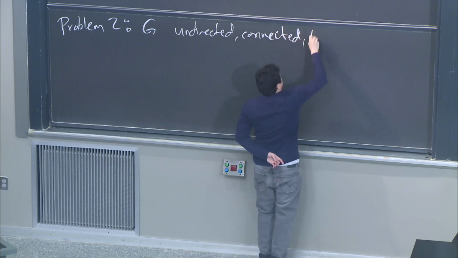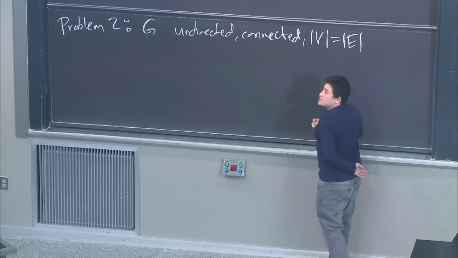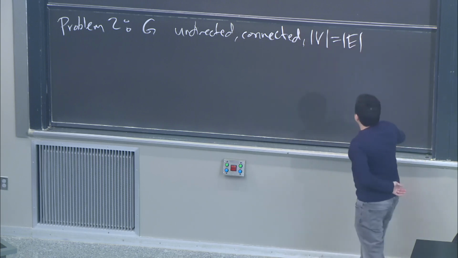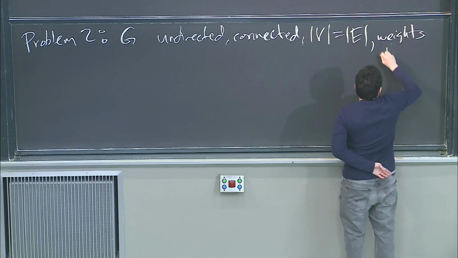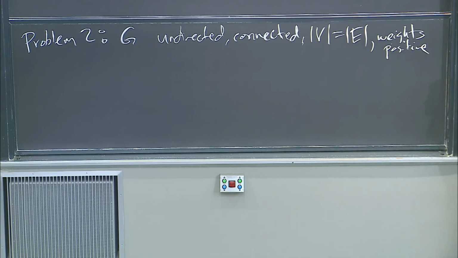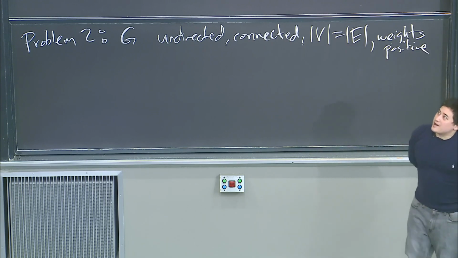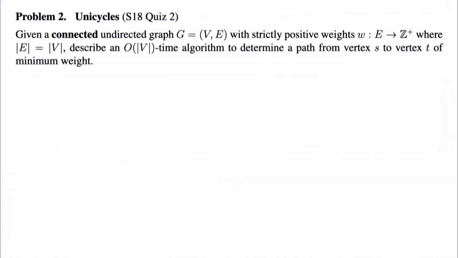It has this weird property that V equals E, or E equals V, and weights are positive. And we're asking for a single pair shortest path, right? We want a shortest path between two vertices.